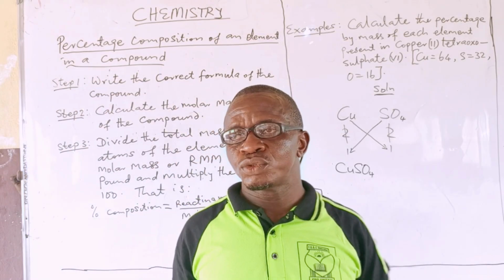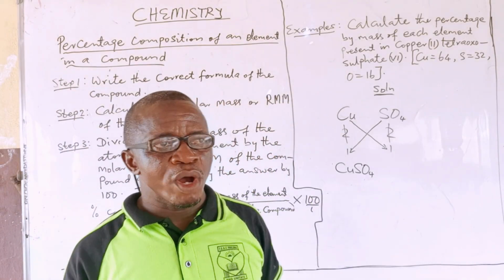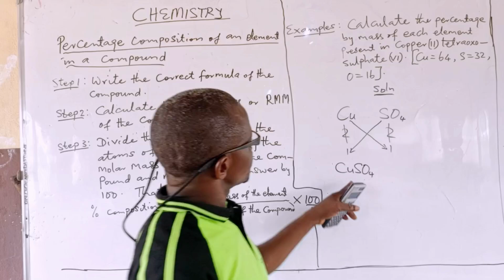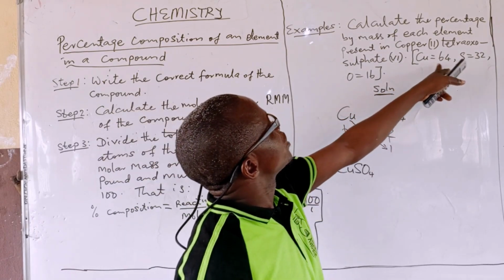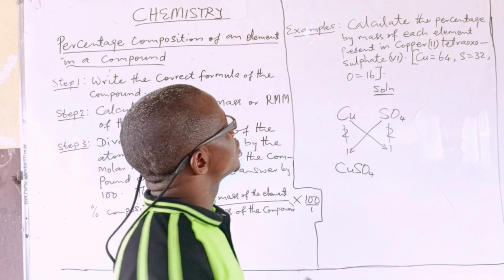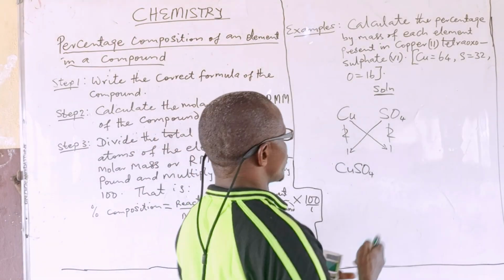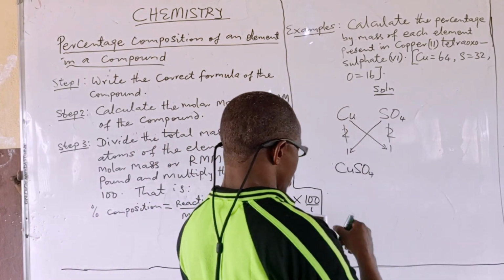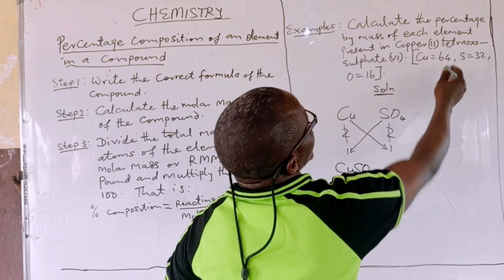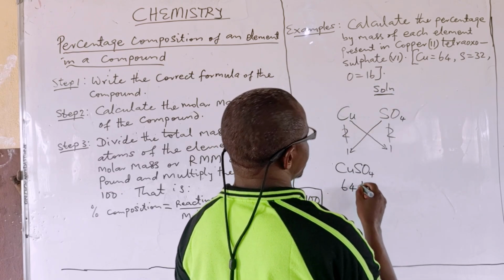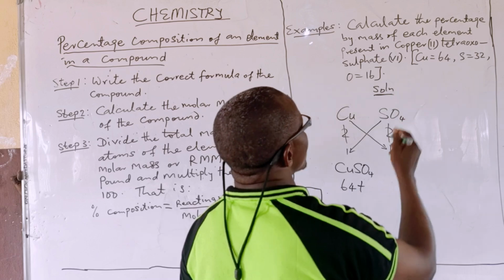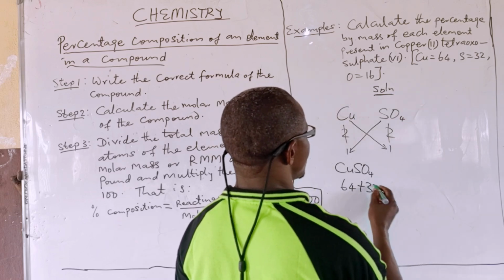Now, I told you in one of our previous classes that when you want to do this, they have given you the masses. Just sum them up and then get the molar mass of this. Now, this one will now be mass of copper is what? 64. Add that to that of sulfur, which is 32.